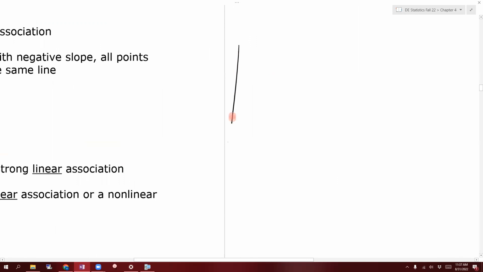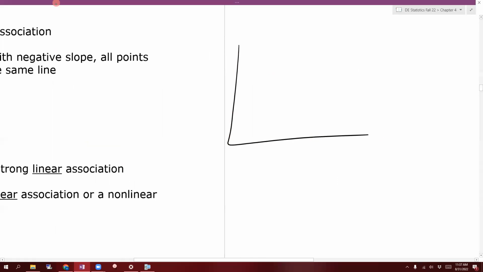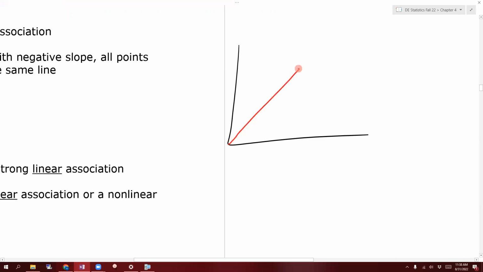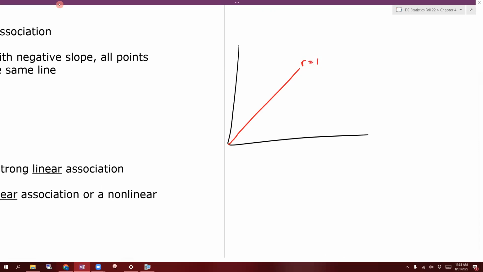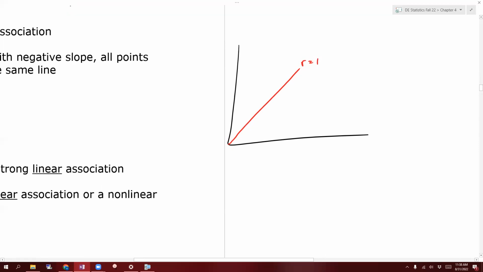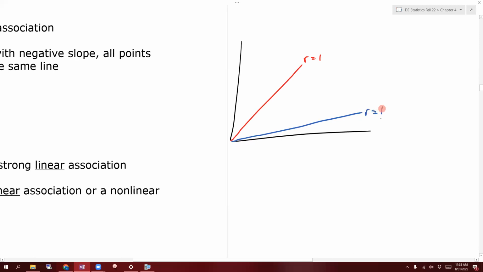So you could have a graph that sits perfectly and everything looks like that. That would have an R value of 1. You could also have another set of data and the slope is like that. This will also have an R value of 1. Your R value doesn't tell you the slope. It simply tells you how related X and Y are to each other.